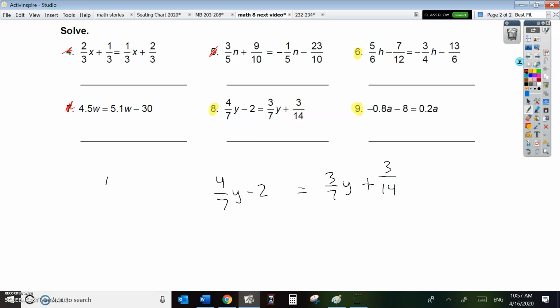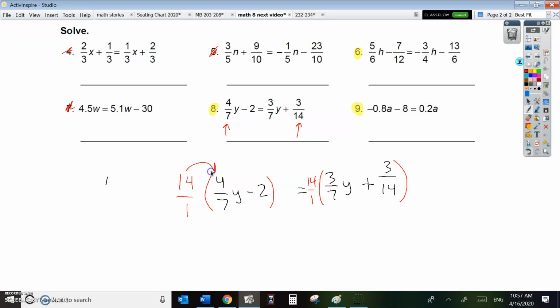Okay, 7 is the denominator and 14 is the denominator. So if you multiply everything by 14, you're going to have all of the denominators cancel because 14 is the least common multiple of 14 and 7.